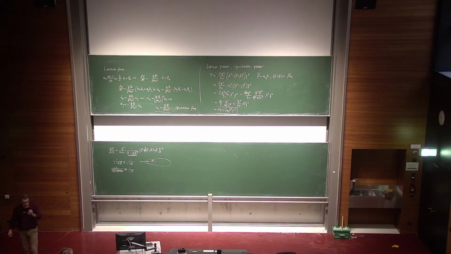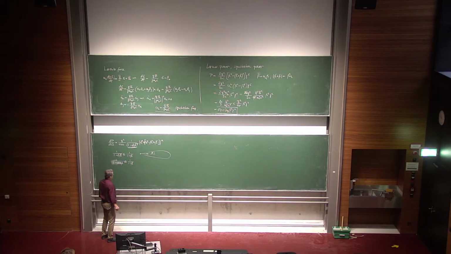Now I want to know, how can I constrain the angle theta? I do this by asking, at what angle theta has this factor dropped to half its maximum value? Okay, so at what angle theta is this equal to 1 over 2 times 1 minus beta?